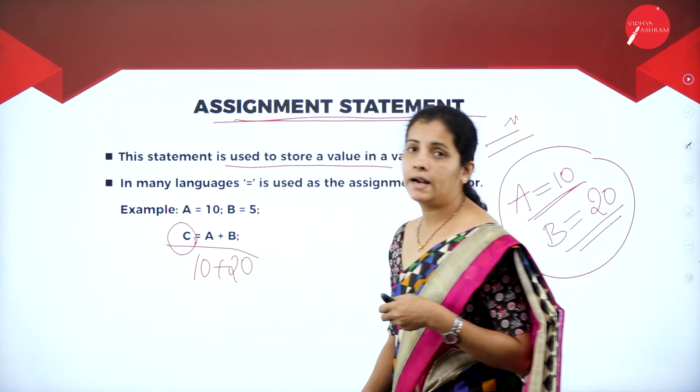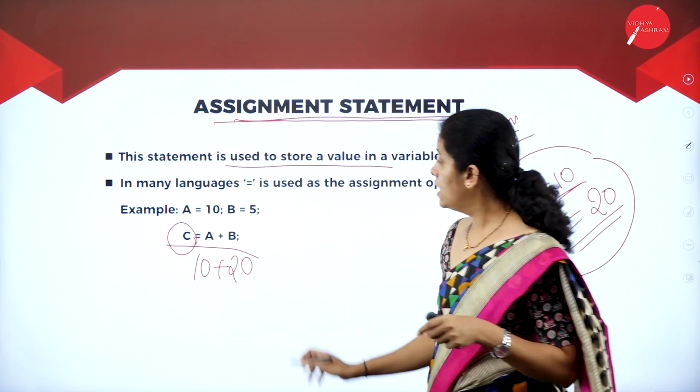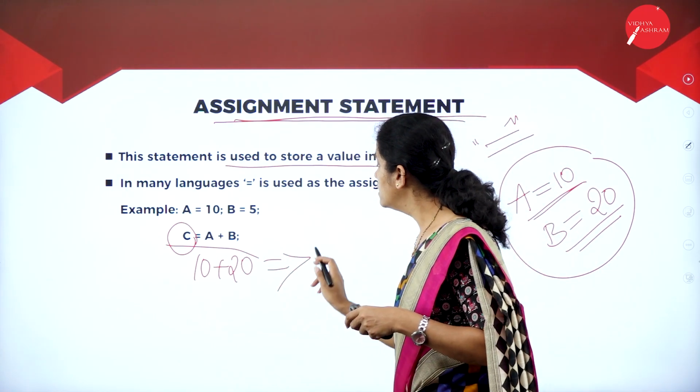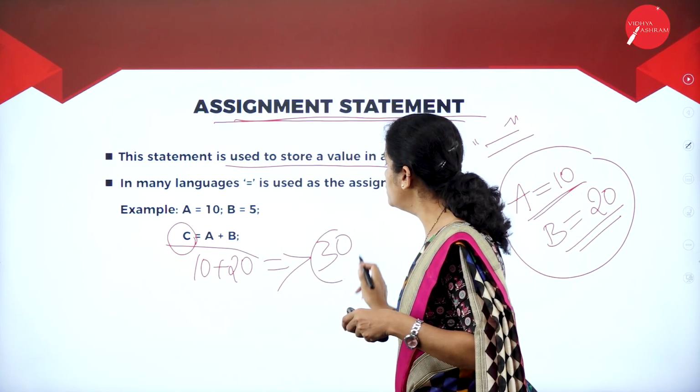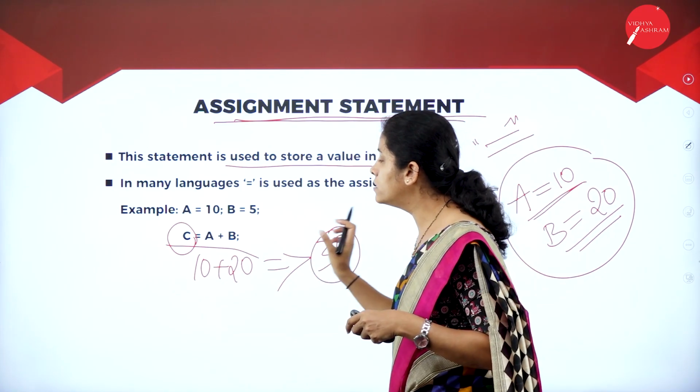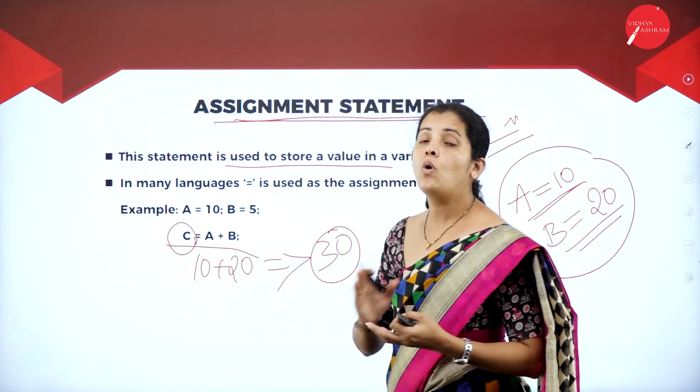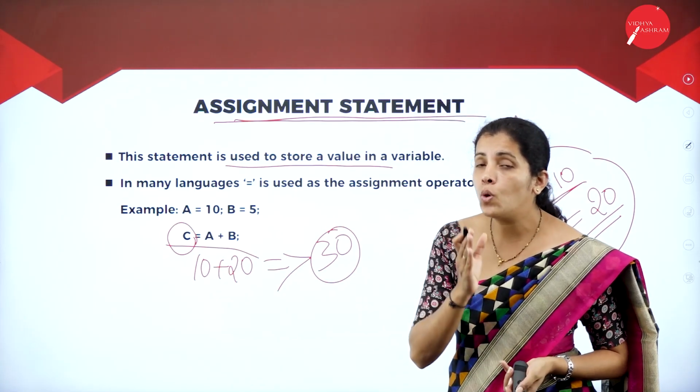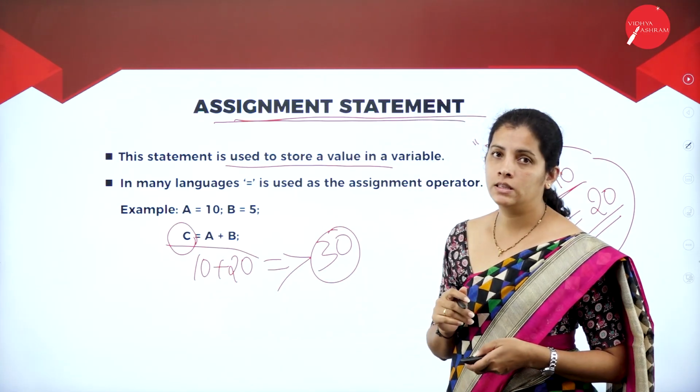After adding 10 plus 20, I'm going to get 30. Now I'm going to assign 30 to C. Now what does C hold here? C holds the value 30.